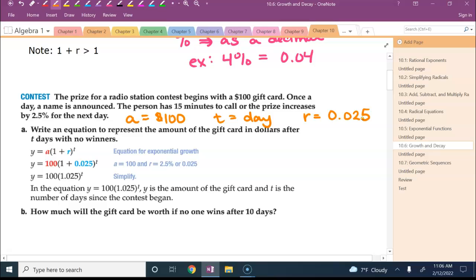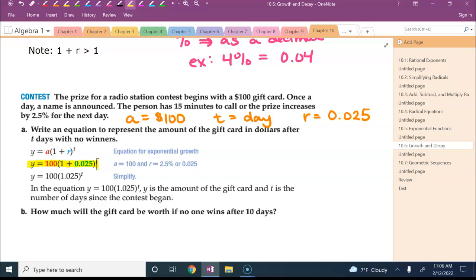Then you can see how they took those numbers and put them into the equation. So y equals 100 times 1 plus 0.025, all of that raised to the t power, because depending on how many days this lasts, whether someone calls on day 1, day 2, day 3, or day 4, that t could change.